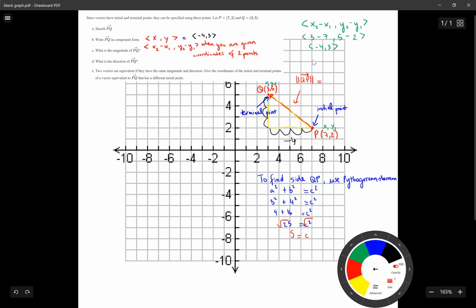This will be the square root of x squared from the component, so this is x comma y, plus y squared. That will give you the square root of -4 squared plus 3 squared, and we get the same thing.